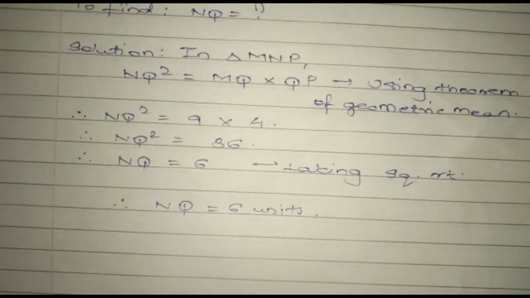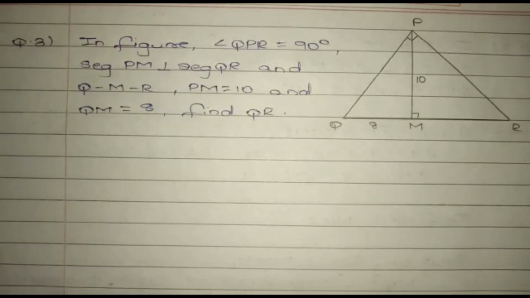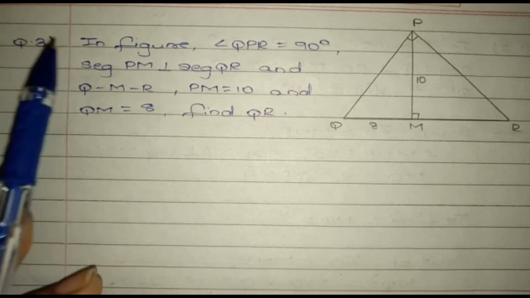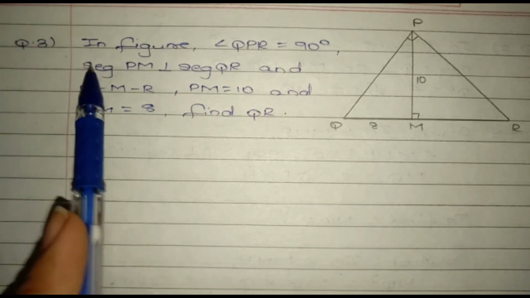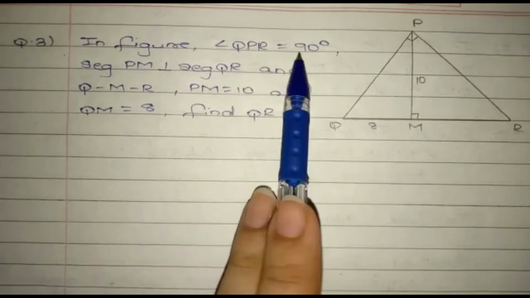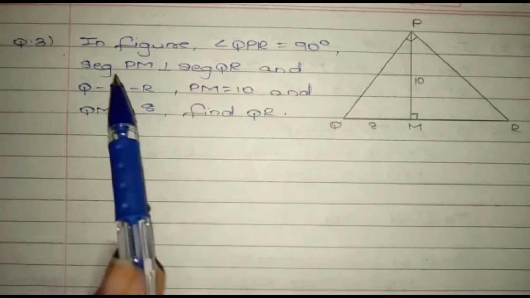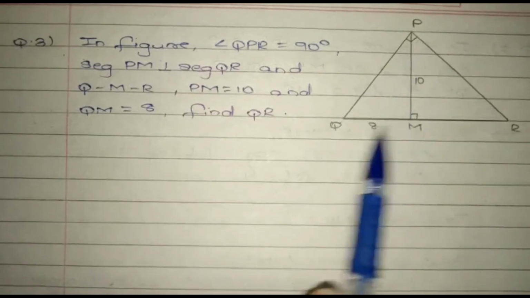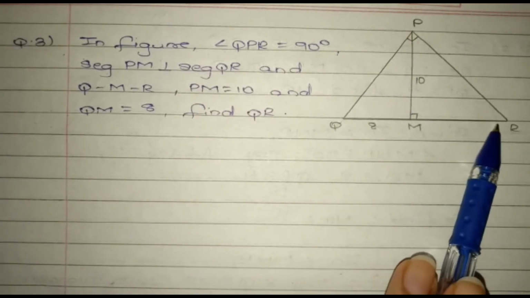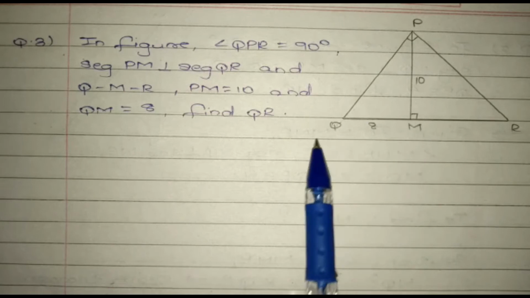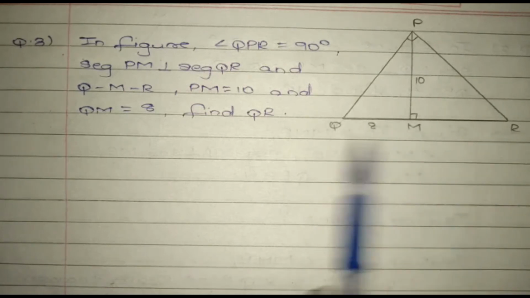Okay, now let us start with the third question. Now in the third question of practice set 2.1, it is given that in the figure angle QPR is 90. Segment PM is perpendicular to segment QR, and Q, M and R are collinear.